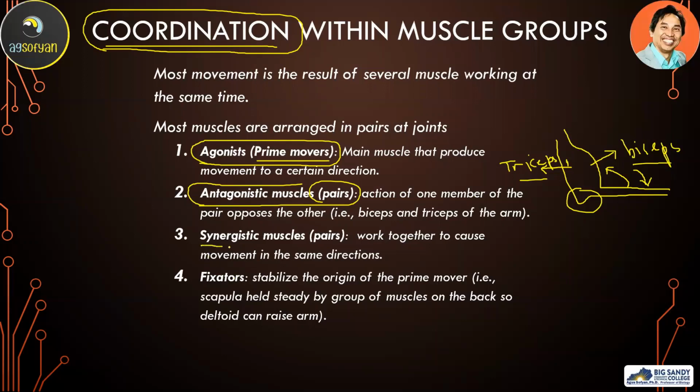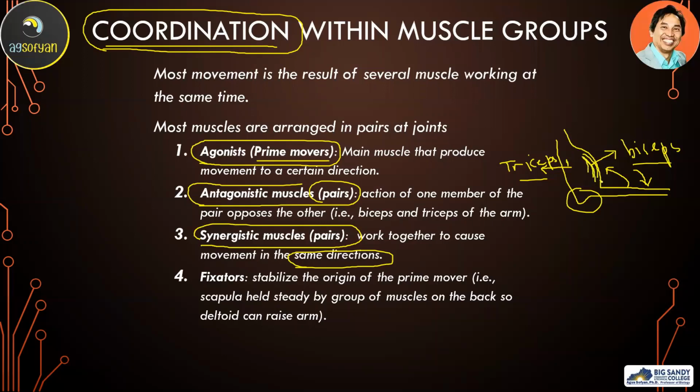The next one is called the synergistic muscle. This is also a pair of muscles, but with this one, both muscles contract to move our body in the same direction. Just for information, when we flex our elbow, there is a muscle over here, the biceps, that will be contracted.